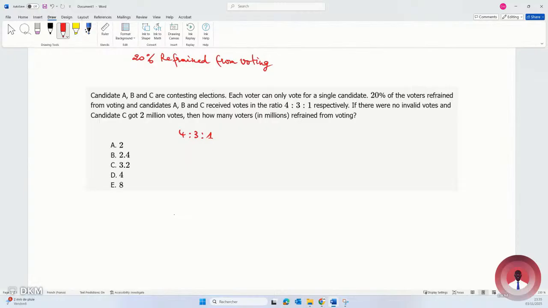So this actually means that for 4 votes of candidate A, we have 3 votes for candidate B and 1 vote for candidate C. So this can also mean that here we have 4x, 3x, 1x, where x is going to be the number of votes.